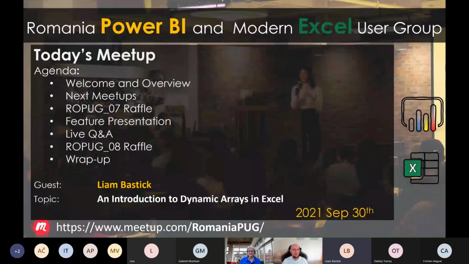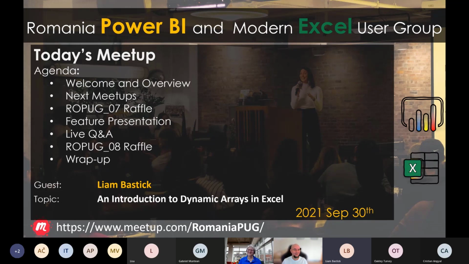Just a few words about how the meetup will run. In the first section we have the welcome and overview. I'll show you quickly the next meetups. We'll run the raffle from the August meetup when the flow didn't work. As usual, Liam, I'm not sure if you know about it, but we have a great partnership with Enterprise DNA, and on our first meetup, the flow choosing the winner didn't work during the live event.